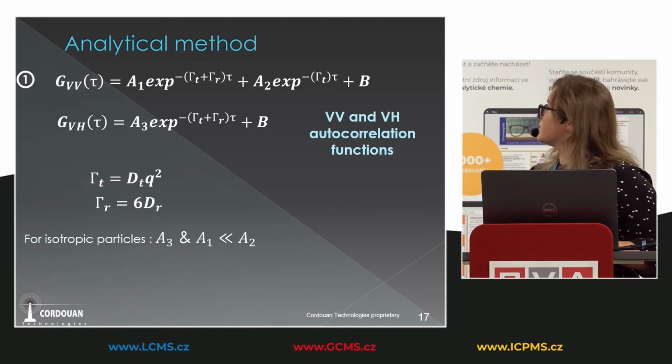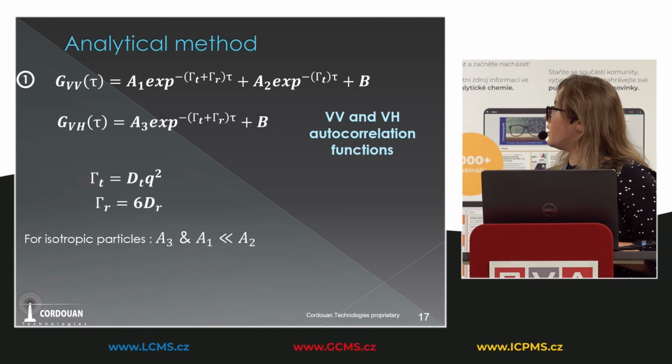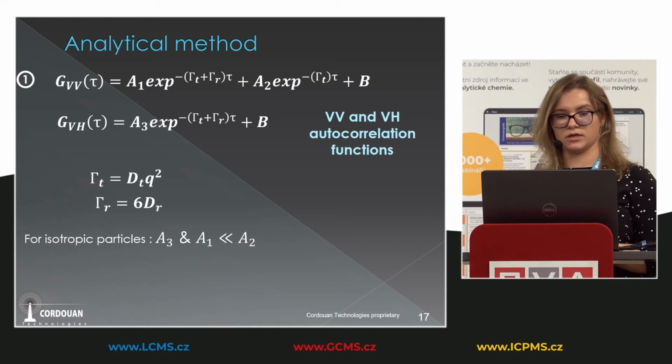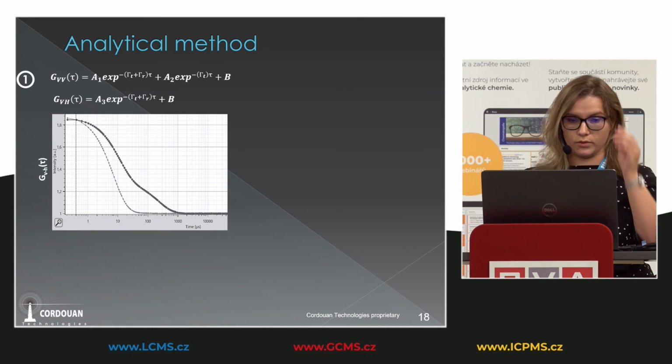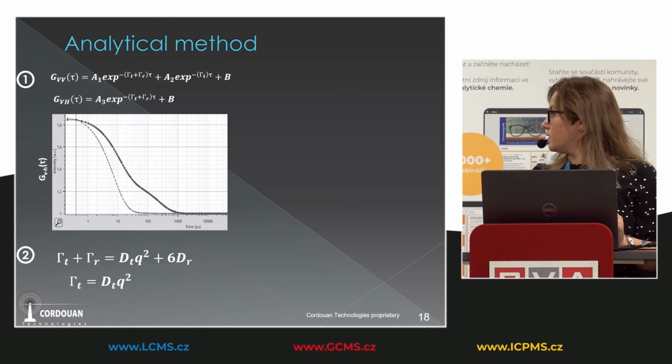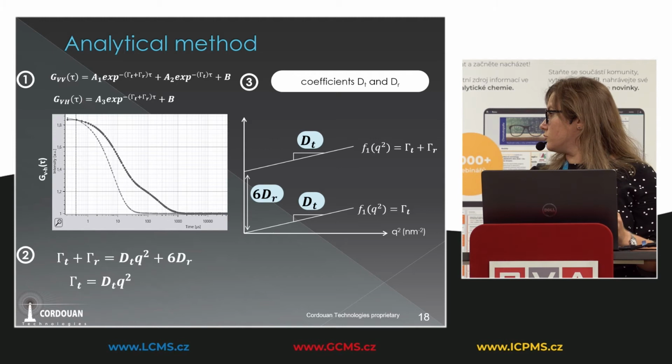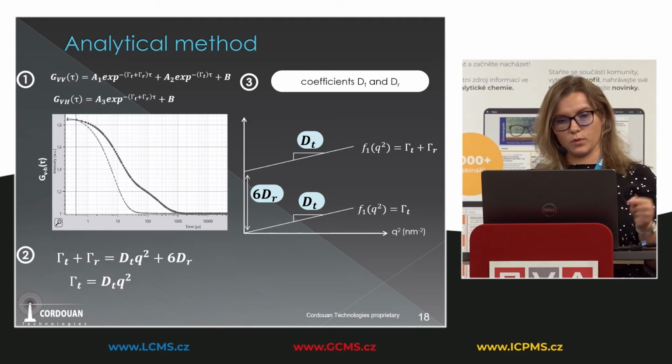And it's, again, the equation which describes the autocorrelation function, which we are able to obtain on the two different detectors by collecting the scattered light. And we are able to build them and feed them with the algorithm I described before.